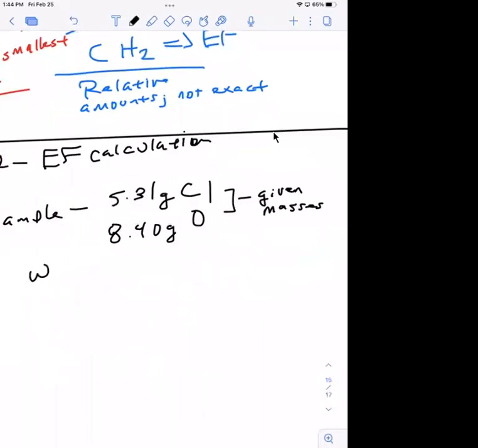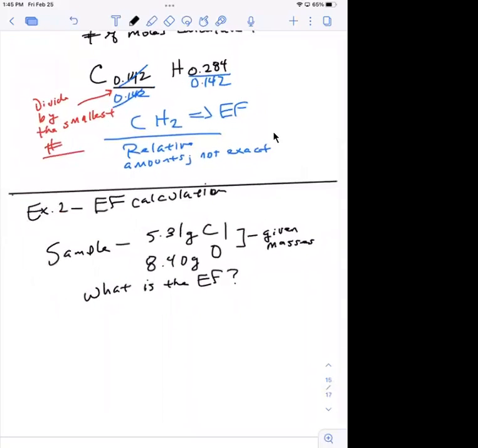So let me put that question here. What is the empirical formula? We have the given masses. What do we need now? If we have the masses, what do we need in order to determine the empirical formula?